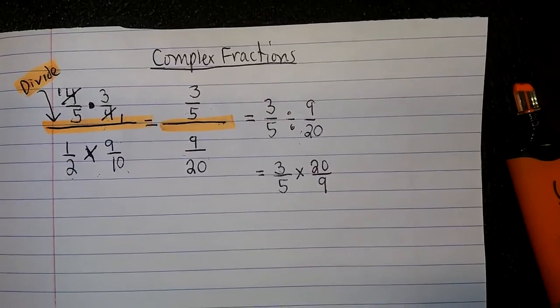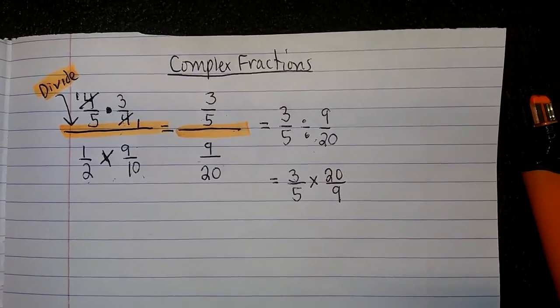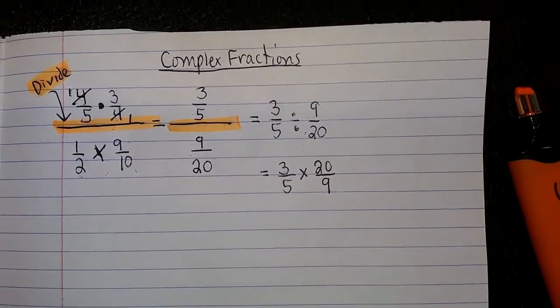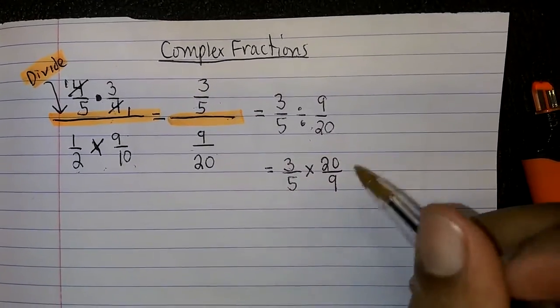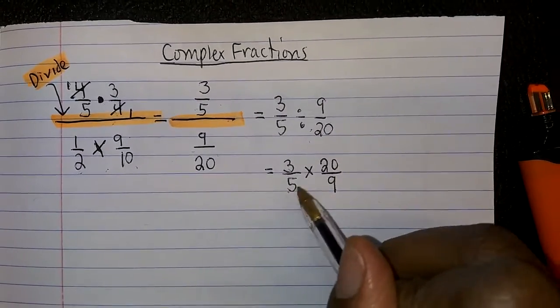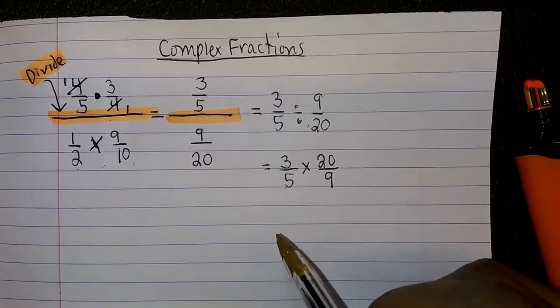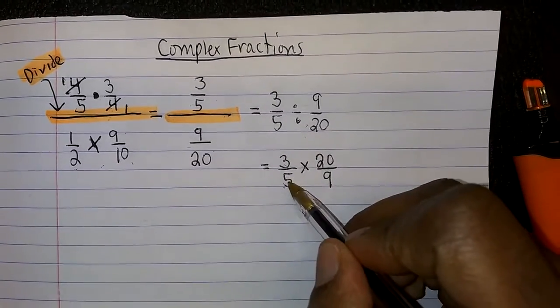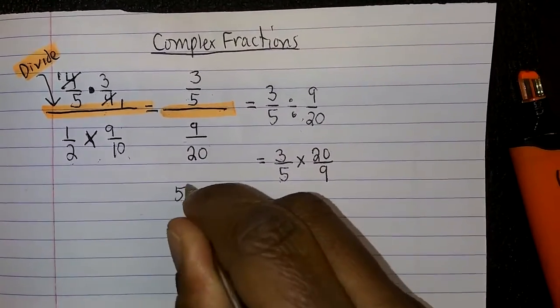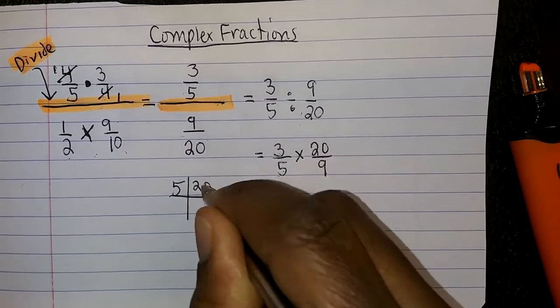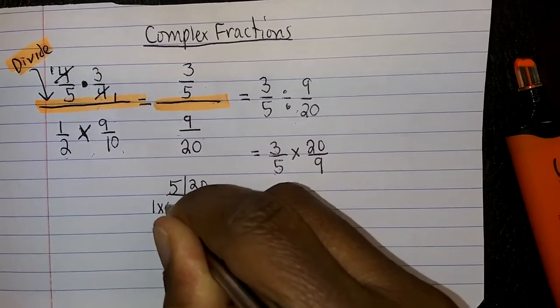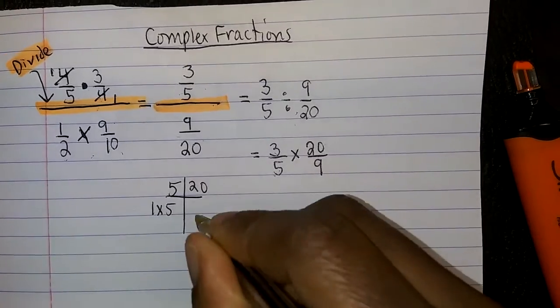I can multiply straight across and then reduce at the end, which is dividing by the greatest common factor. But I would prefer to go ahead and cross cancel now to make the numbers more manageable. So knowing that if I put 5 and 20 in the T-chart, I know that the factors of 5 are 1 times 5 only because it's a prime number.